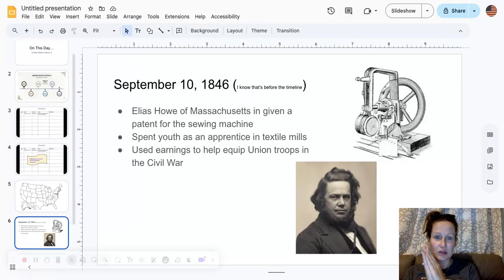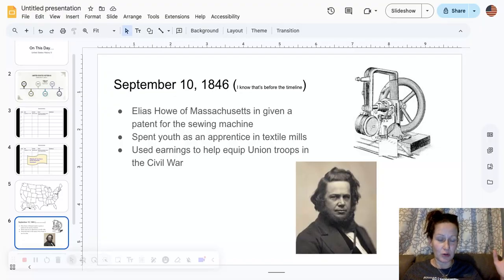Today, like I said, it's a little bit earlier, but that's okay. The event was from September 10th, so just a couple days ago. Elias Howe, this man right here, was given a patent for the sewing machine. Notice that his sewing machine looked very different than the sewing machines you may have used in a home ec class or at home.